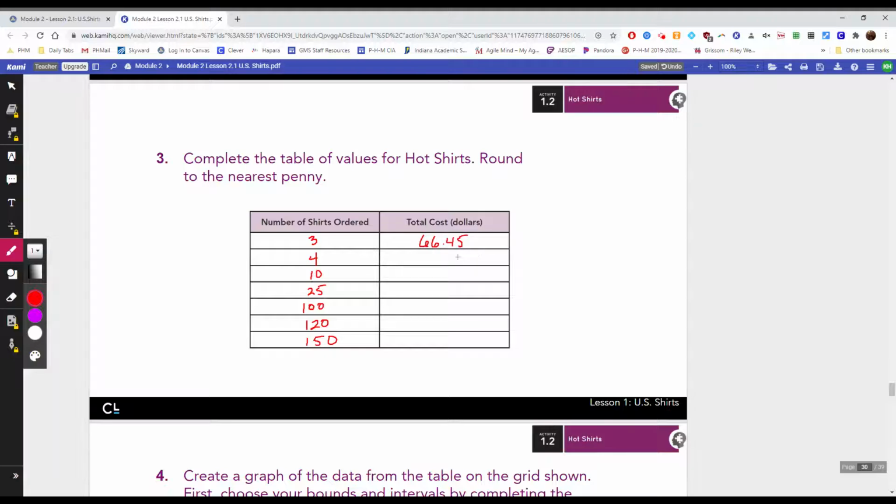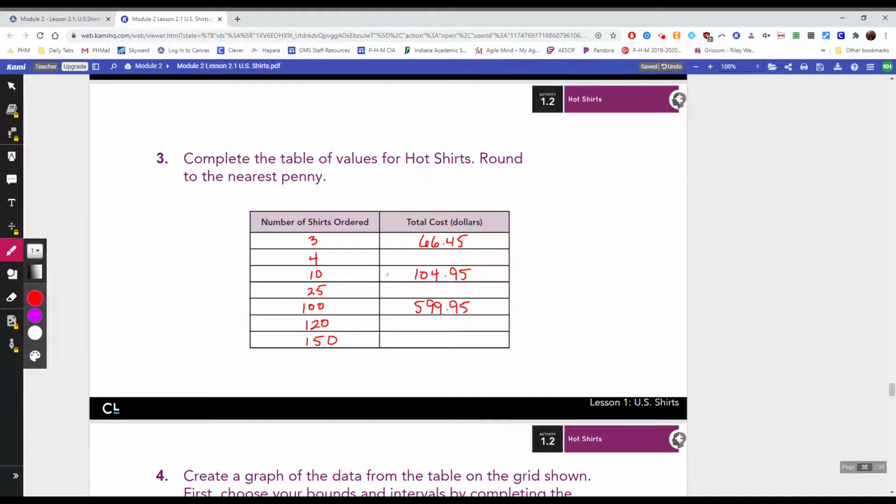For 10 shirts, it was 104.95. For 100 shirts, we saw it was 599.95. So pause the video, you fill in the others. I would like for you to take the time to do the work, just like we did in number 1 up above, and complete the table.